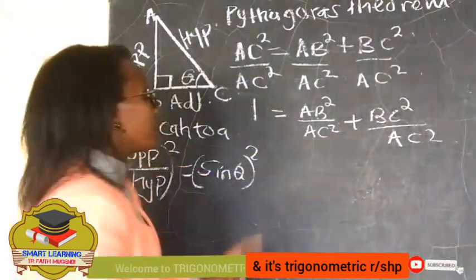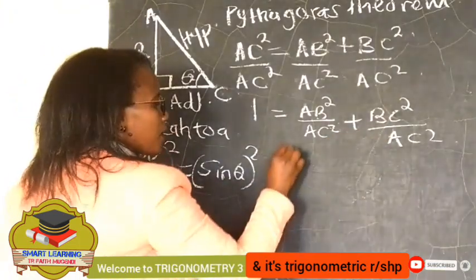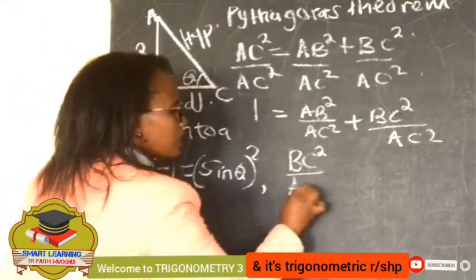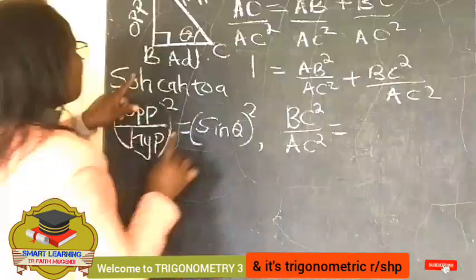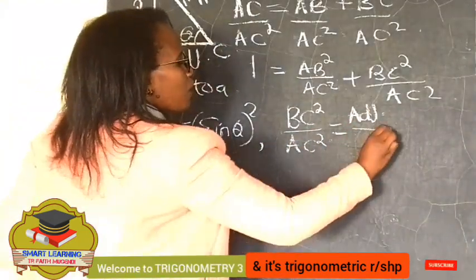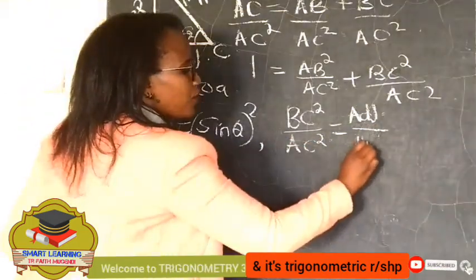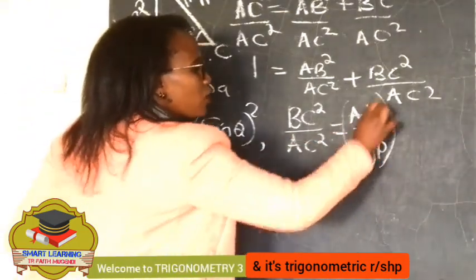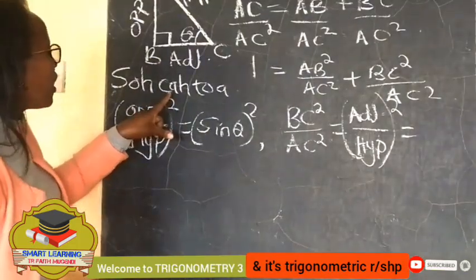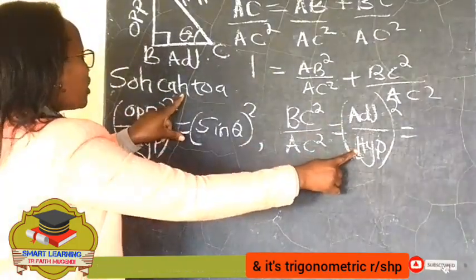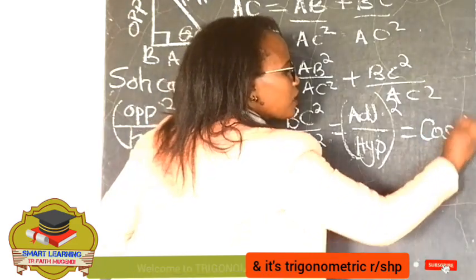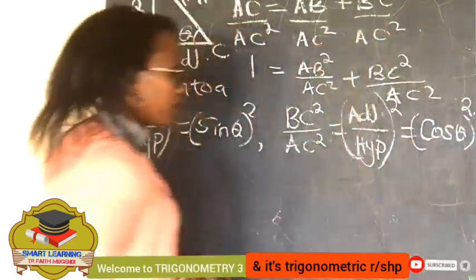If we consider this other part, BC over AC squared, BC is adjacent over AC hypotenuse. Now squared, adjacent over hypotenuse is the same as cos theta, but now squared.